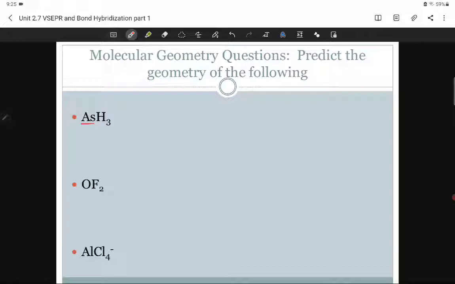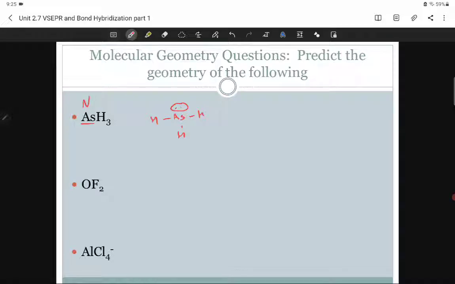So what else is in its column? Oh, nitrogen. Nitrogen is also in the same column. So it's going to be just like NH3. So here's NH3. So guess what? AsH3 is going to be the same thing. So predict the geometry.